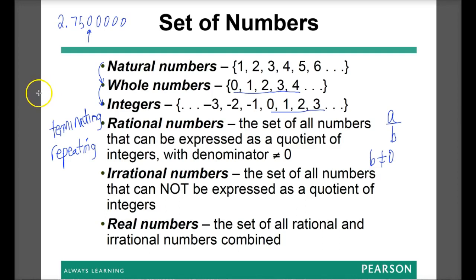A repeating decimal is a number like 1/3. If we take 1/3 and put it into a calculator or just divide it out, we'll get 0.3 repeating, 333333333, like that.